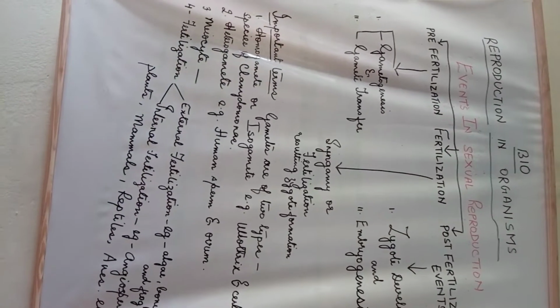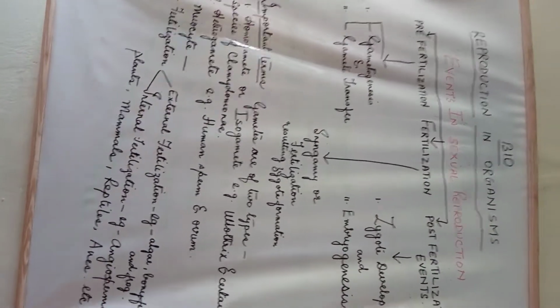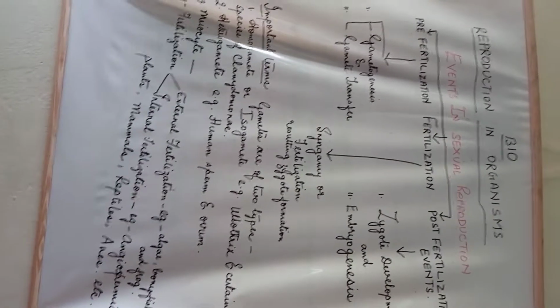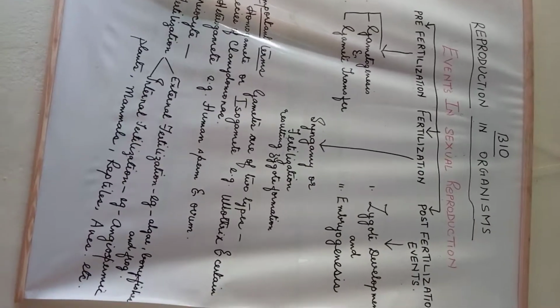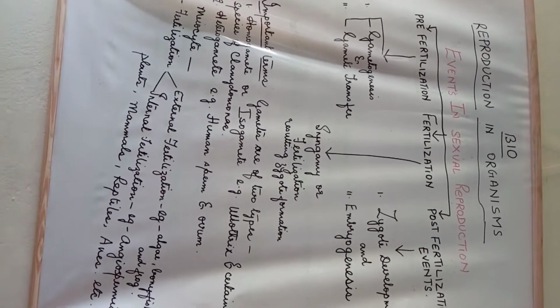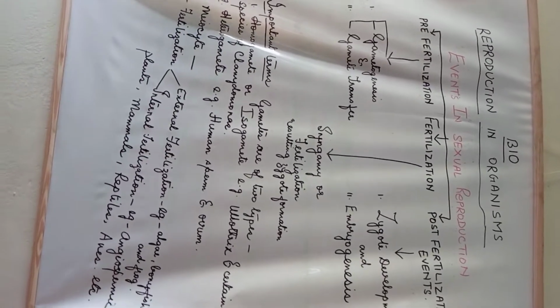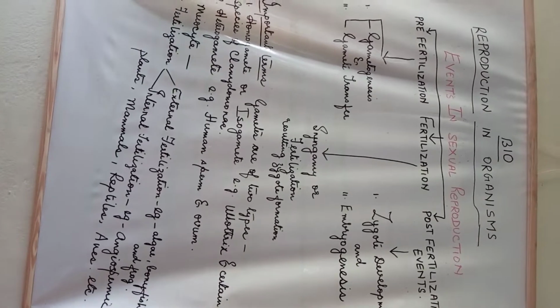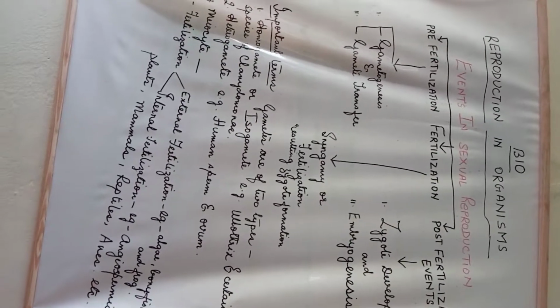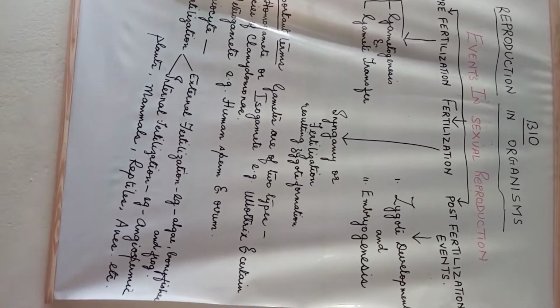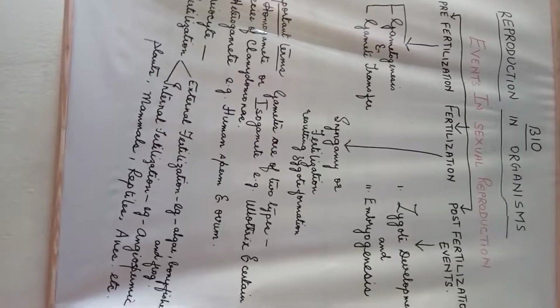Examples are bryophytes, pteridophytes, certain fungi, reptiles, birds, and mammals. In seed plants, the male gametes are carried to the egg by the pollen tube. So these were the events taking place in fertilization.